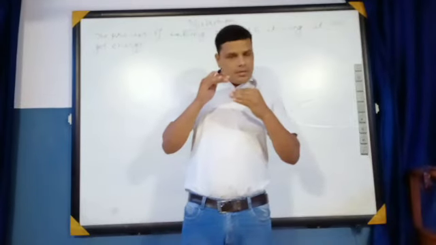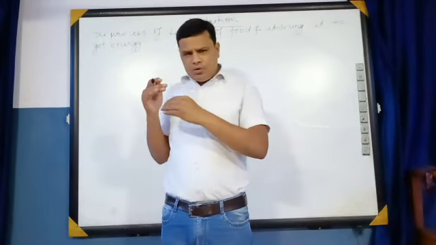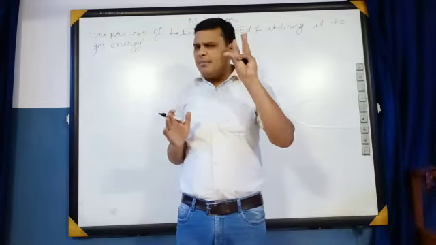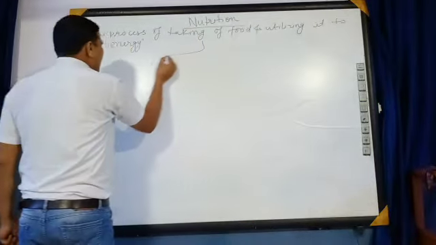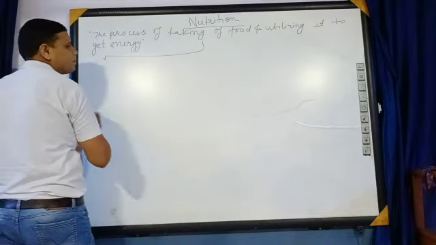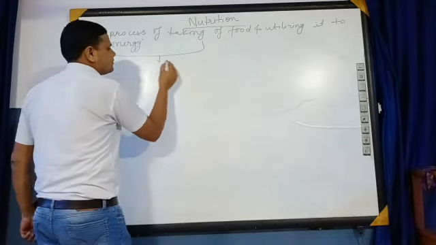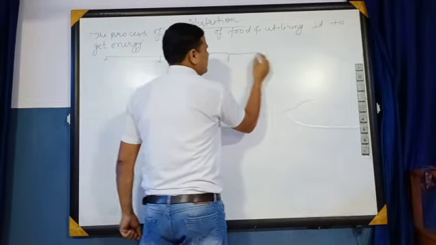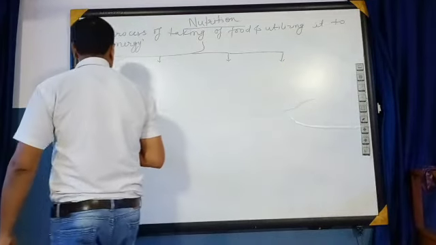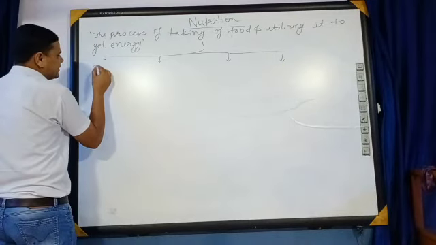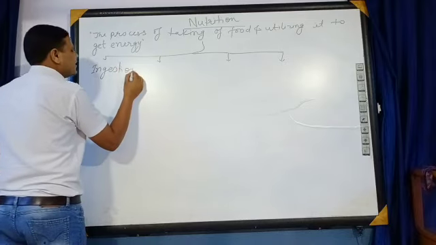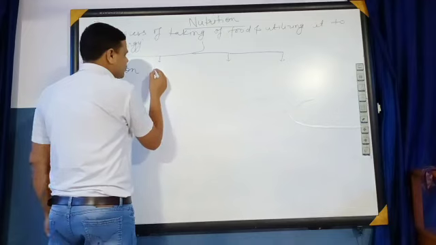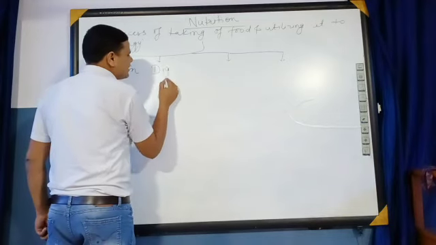So that taking of food used to take place in 5 steps. So we can say that there are 5 steps of nutrition. In animals there are 5 steps. First step is known as ingestion. Second step is known as digestion.